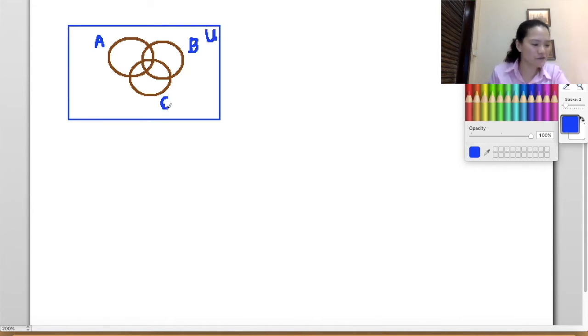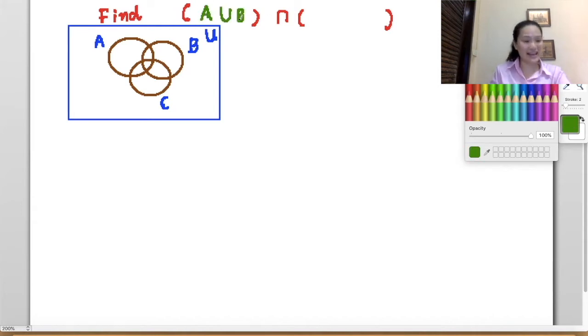I want you to find, it's a little bit complicated, the set of A union B intersect with the set of B union C. Find out the value and write out the model as well. But when we go together, you will see that it's not hard at all.